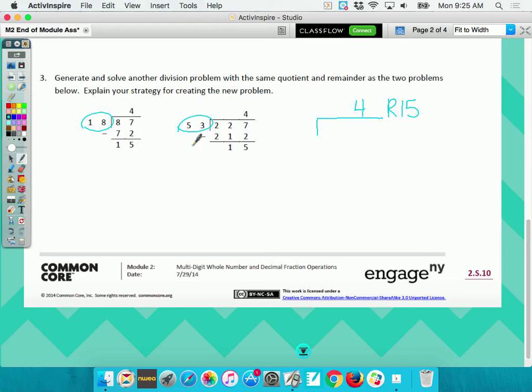So my divisor has to be larger than that, but it can't be an 18 or a 53. Pick a number. Has to be larger than 15, but it can't be an 18 or a 53. Quickly.